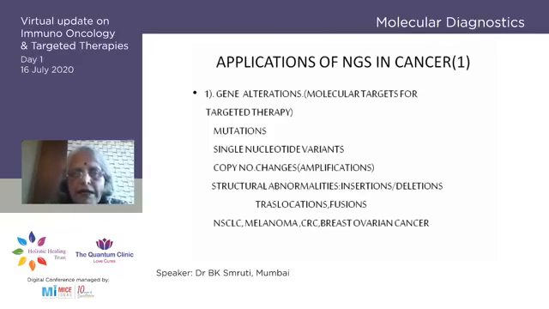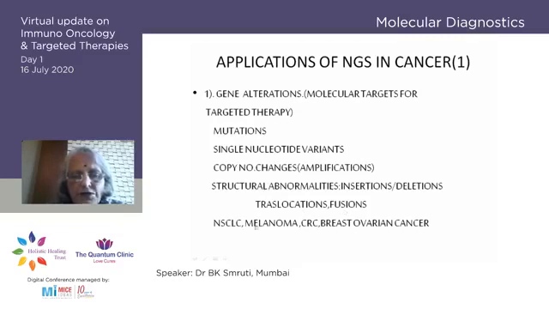Now, what are the applications of the next generation sequencing in cancer? The first application that comes to mind to us all clinicians is the gene alterations, that is the molecular targets for targeted therapy. As you are aware, next generation sequencing can detect mutations, the single nucleotide variants, copy number changes, that is amplifications, then structural abnormalities like insertions, deletions, translocations, fusions.